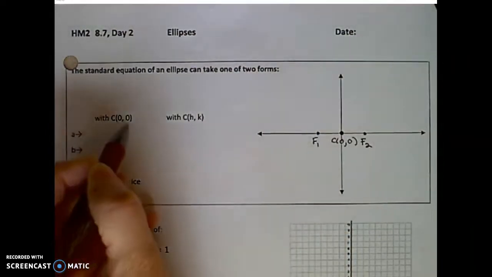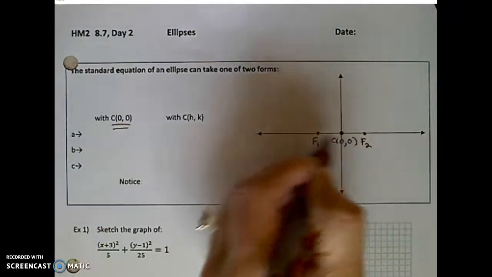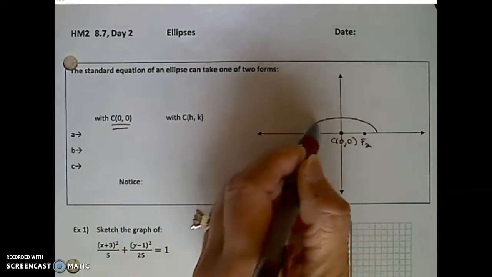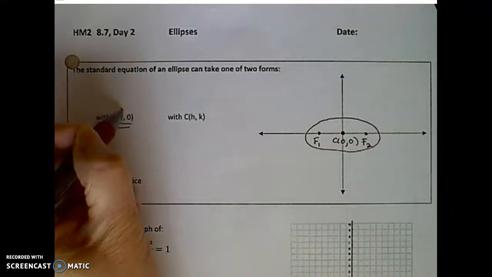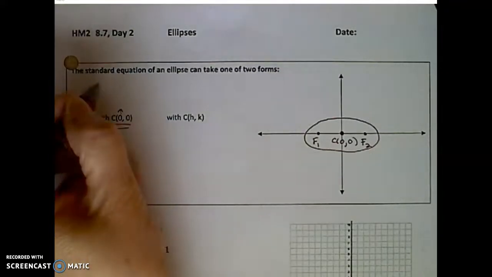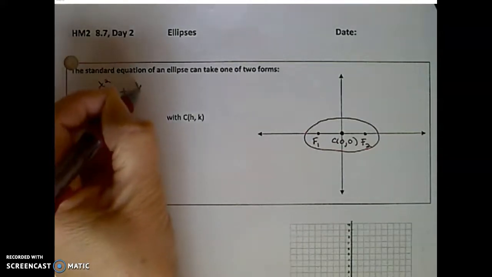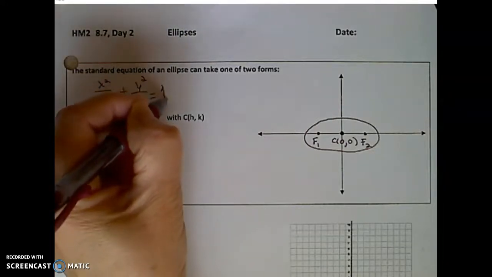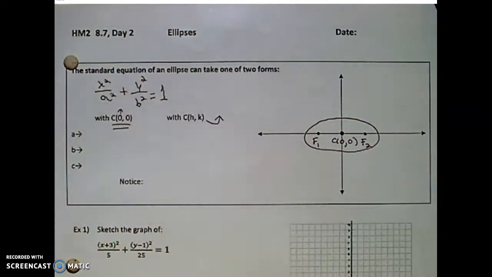If the center of my ellipse happens to be at the origin, and my foci then are on that, in this case, horizontal axis, my ellipse might look like this. And if the center is at the origin, then we get a simple equation of an ellipse of x squared over a squared plus y squared over b squared is equal to 1. The center of my ellipse does not need to be at the origin.